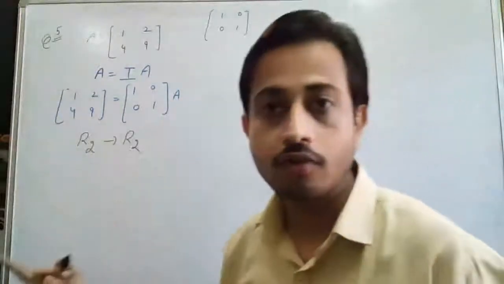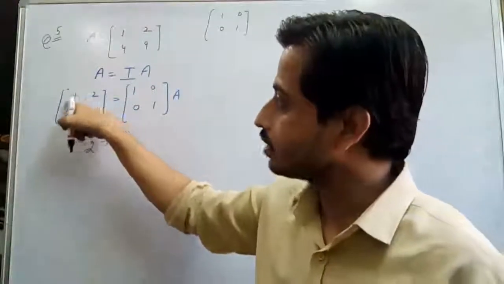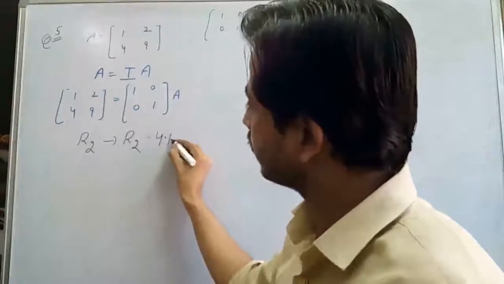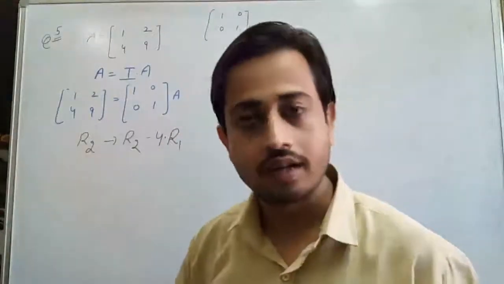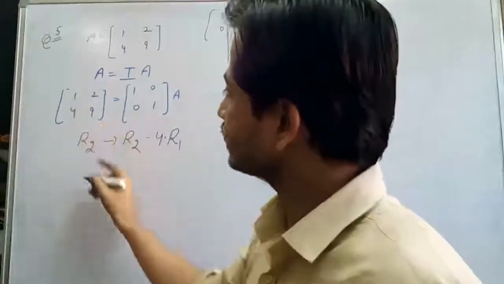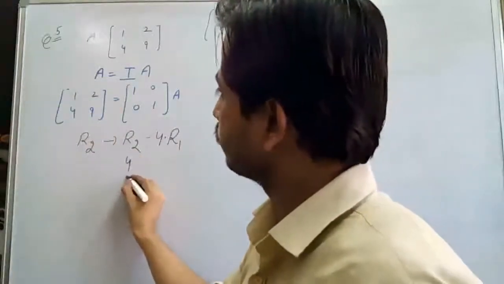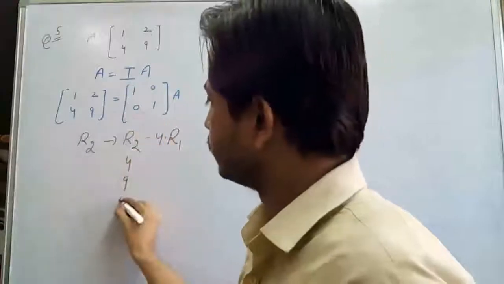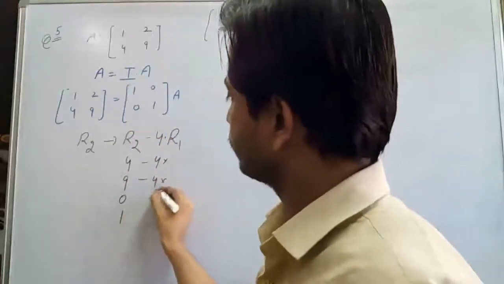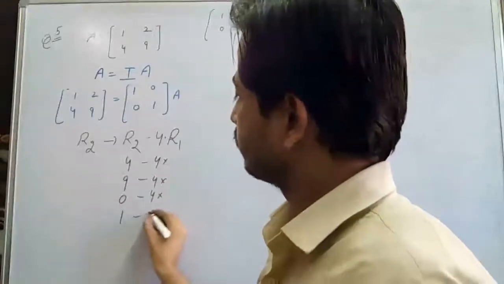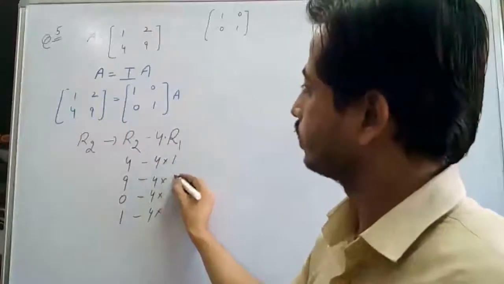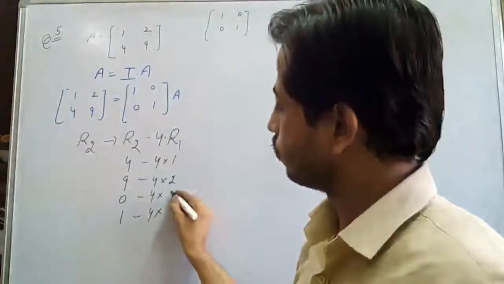So how will we obtain 4? Firstly we multiply by 4. So what is the operation? R2 minus 4 multiplied by R1. Now we have to write all these elements. Please make a note. R2 is 4, 9, 0, 1, minus 4 multiplied by R1, which is 1, 2, 1, 0.